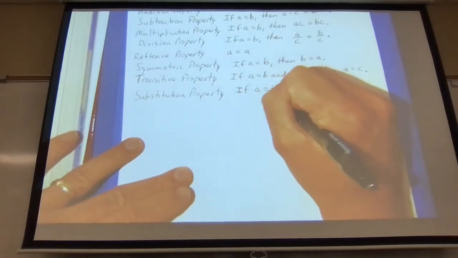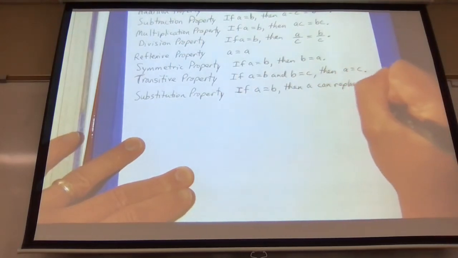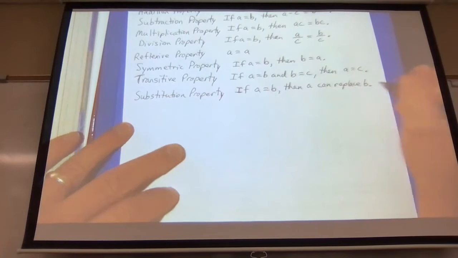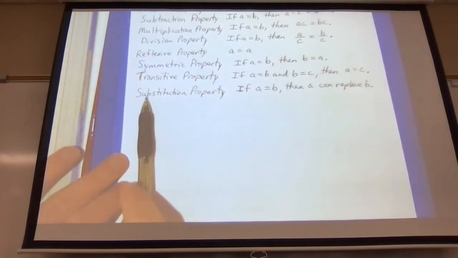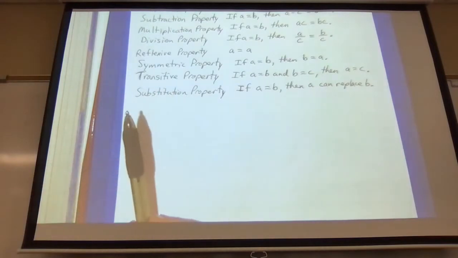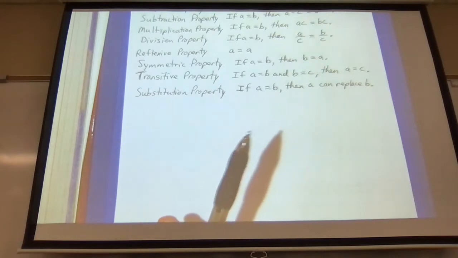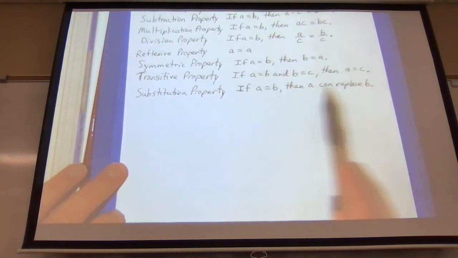It says if A equals B, then A can replace B. If you have an equation and A and B are the same thing, you can take out A and put B in for it. You can think of this one like a high school basketball coach. If the coach takes out his center, who's he probably going to substitute in? Another center. If he takes out his point guard, he's probably going to substitute in another point guard. So if A and B are the same thing, you can take one out and put the other in for it.